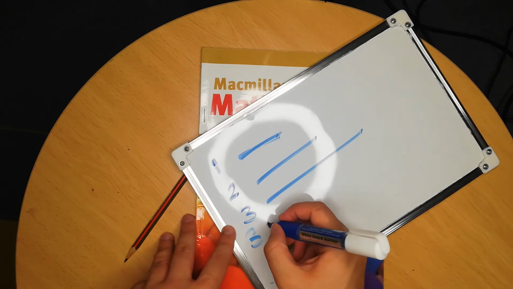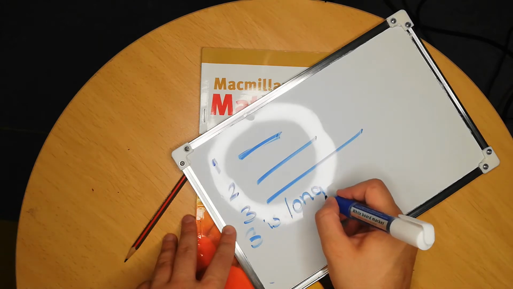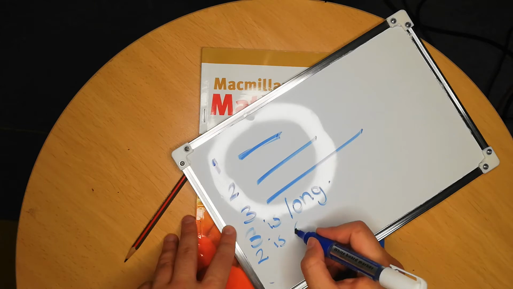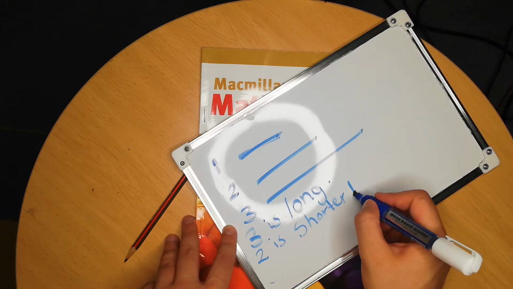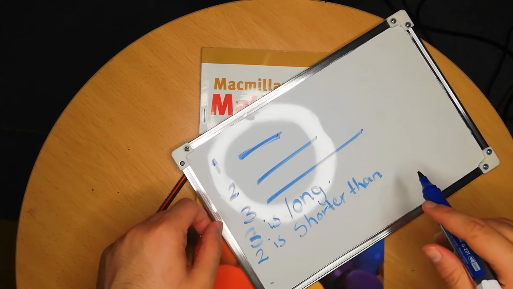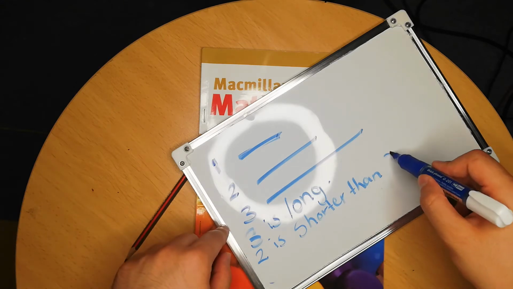3 is long. 2 is shorter than, what do you think, 3 or 1? Which one is 2 shorter than? 3, yes.